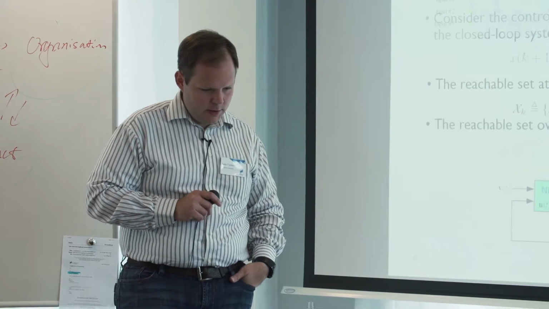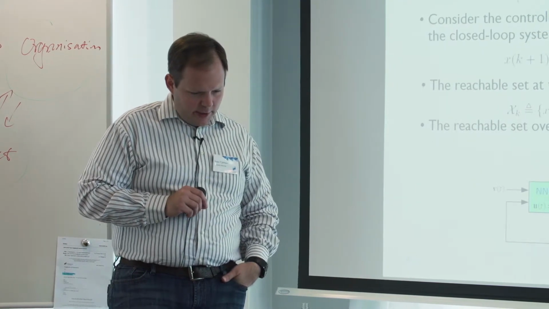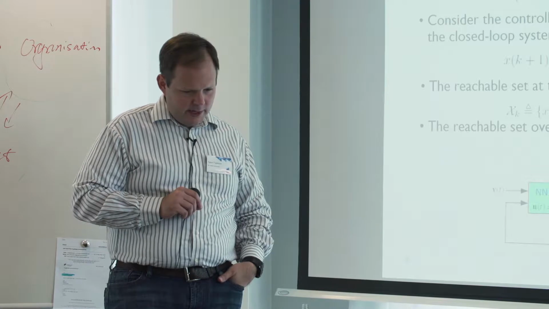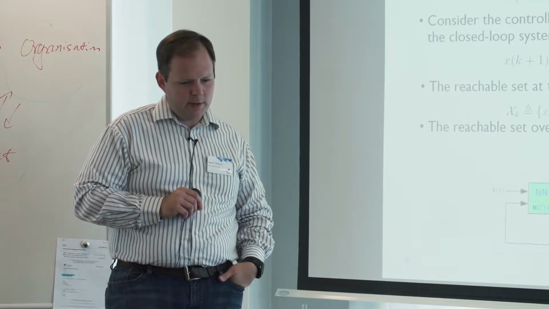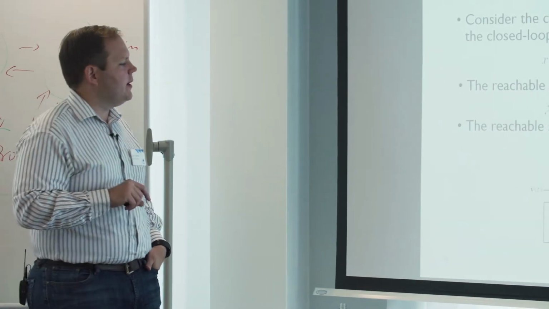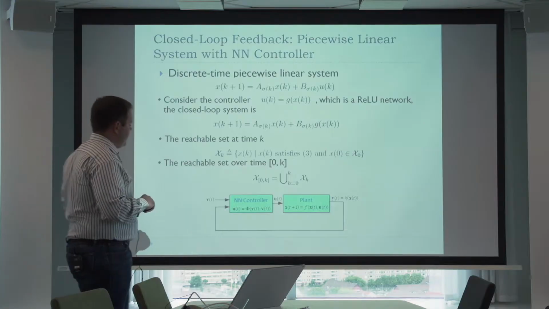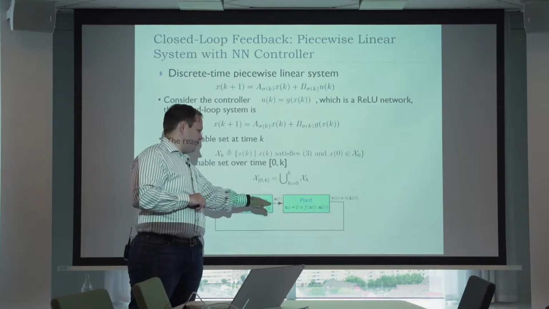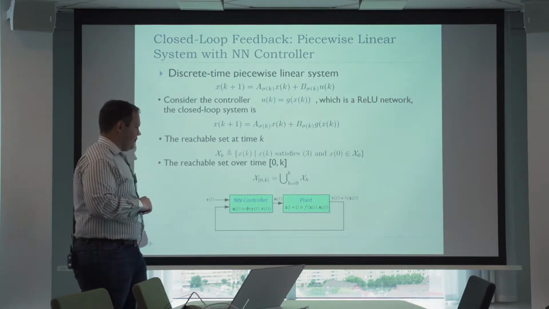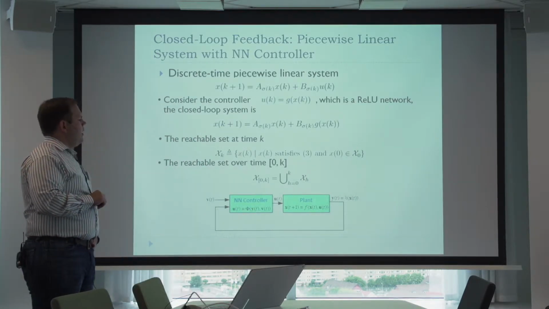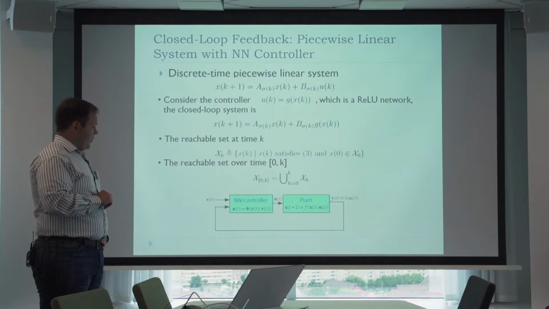All right. So let's come back a second and talk about how to use this within feedback control systems. So we have this neural network-based controller here, and then we have a plant. We're going to produce some inputs for the plant using that neural net controller.